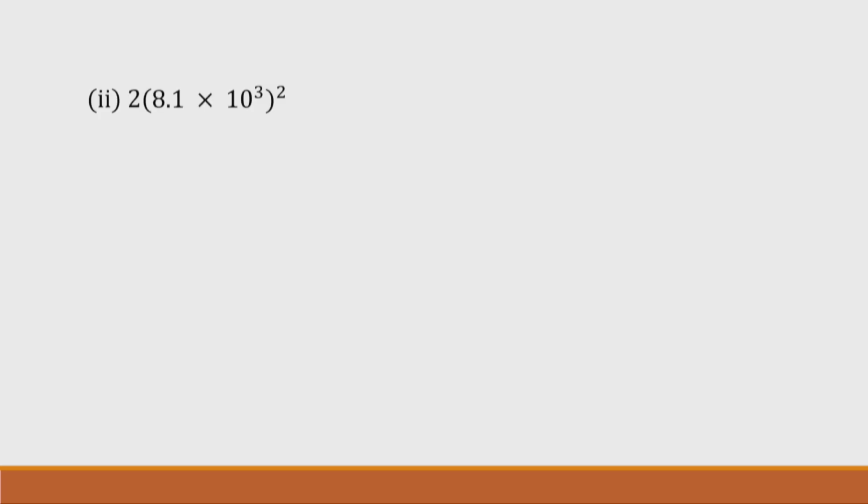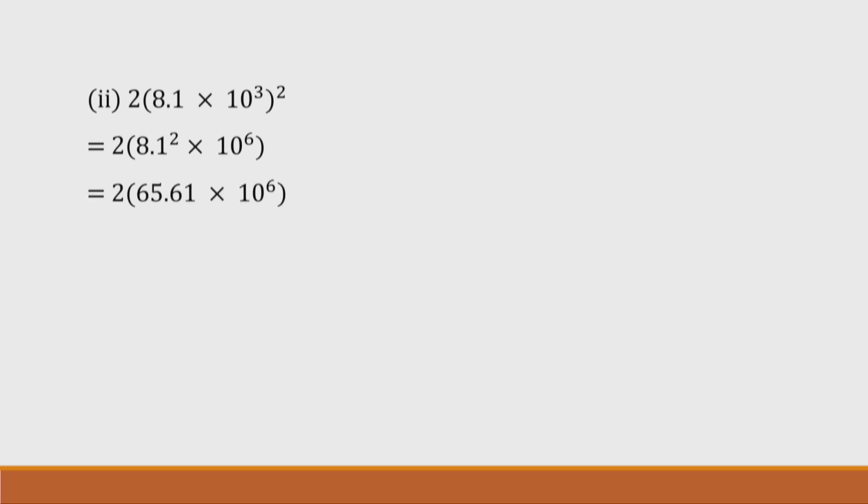Second part, 2 into 8.1 times 10 to the power of 3, the whole of it squared. So applying our laws of indices, we will get 2 into 8.1 squared times 10 to the power of 6. So I have already applied the power law here.